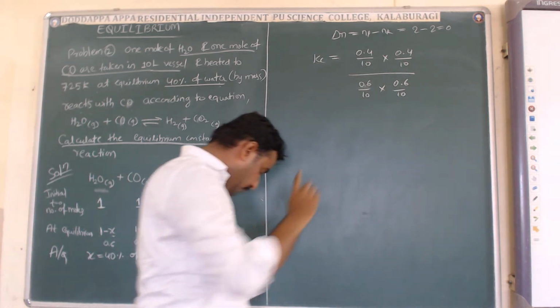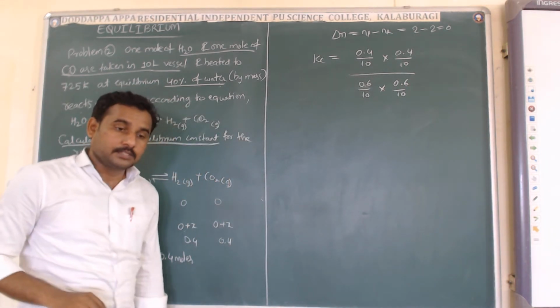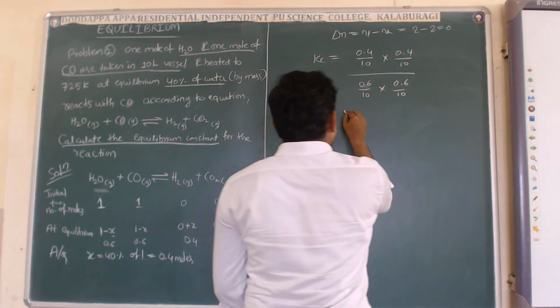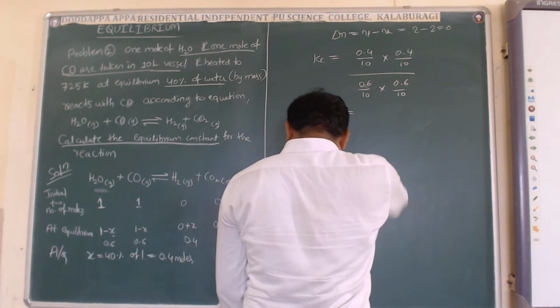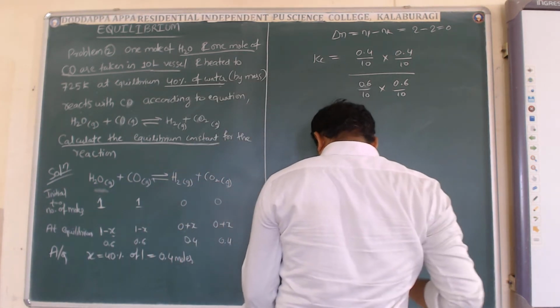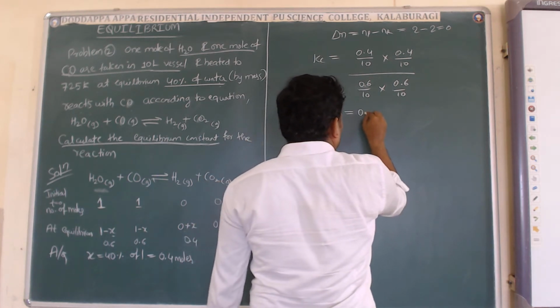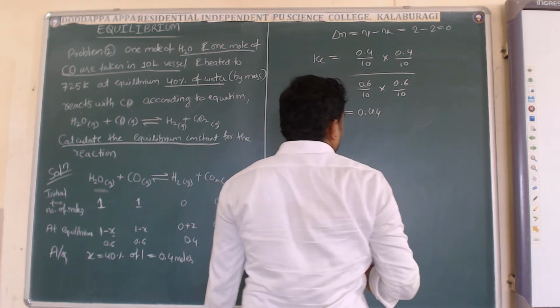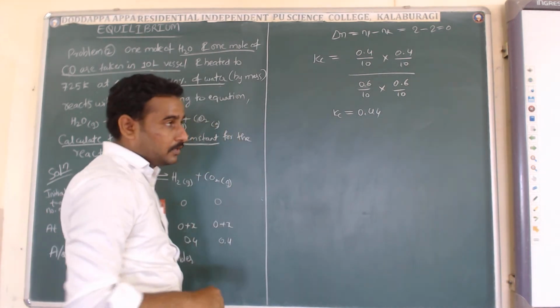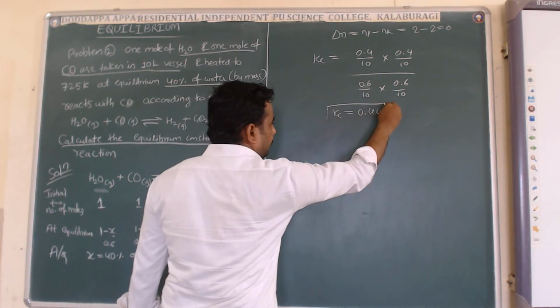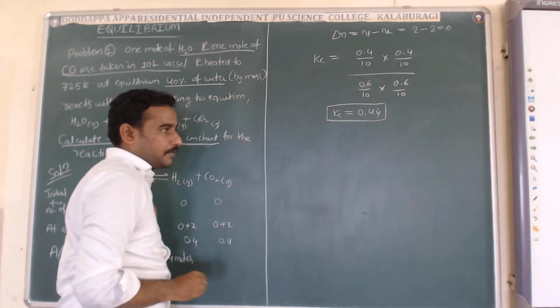When you solve this, what value do we get? Kc is equal to 0.44. So you are finding the equilibrium constant here.